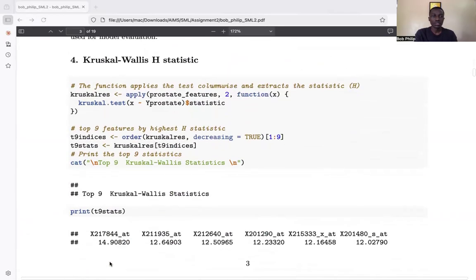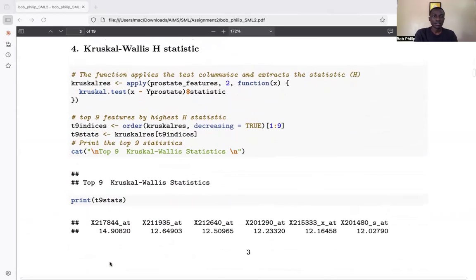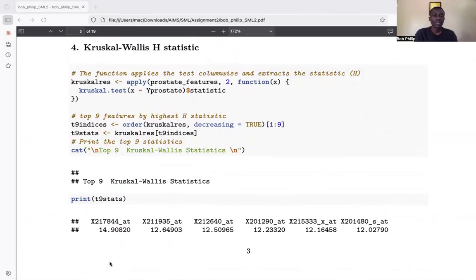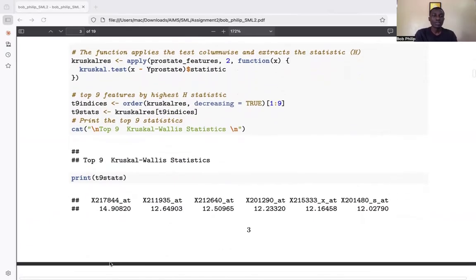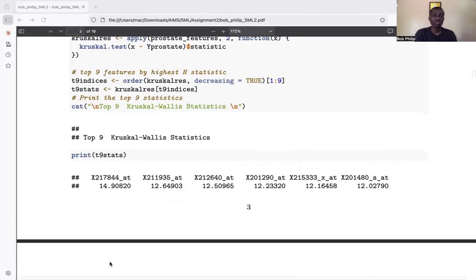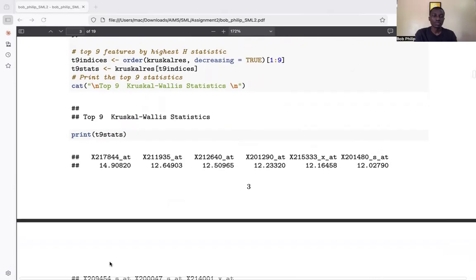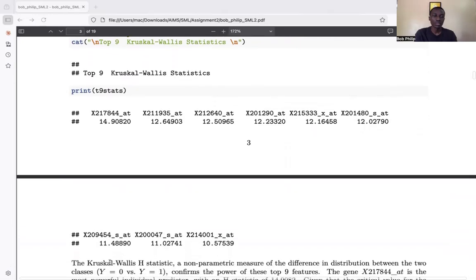Here's the plot. We use critical statistics to look at the importance of these variables so that you can pick maybe only 9 or 10. In this case, I used 9 that are more significant to the dependent variable y.